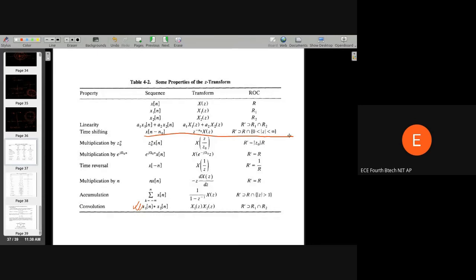And delay: what happens when you delay the signal? As I said, it turns out to be a polynomial form. So these are some very basic things that you should have at your fingertips. The rest, obviously you cannot memorize everything, but this should be at your fingertips.